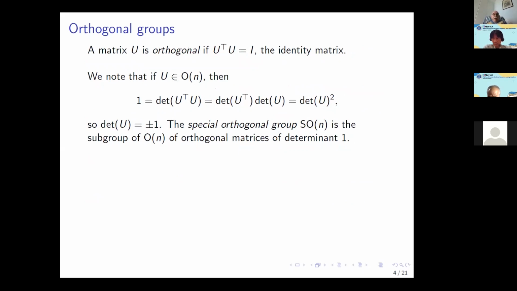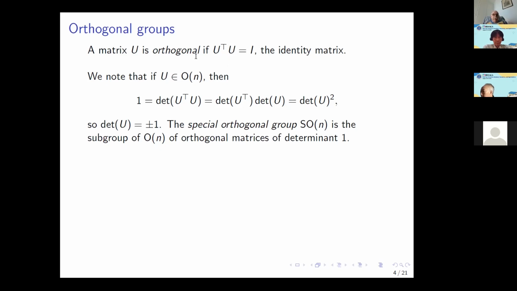So let's remember that a matrix is orthogonal if when I multiply the matrix by its transpose, U transpose times U, then I get the identity matrix. So in particular, this means that U is invertible and the inverse of U is equal to its transpose.